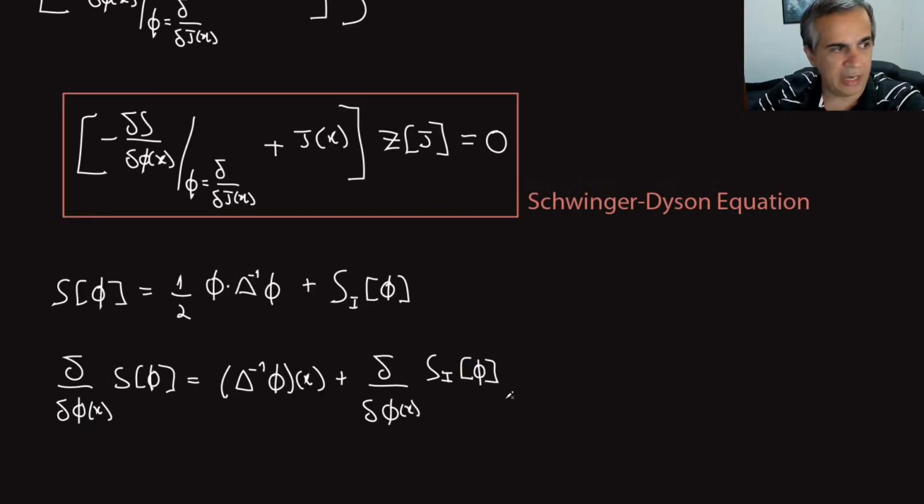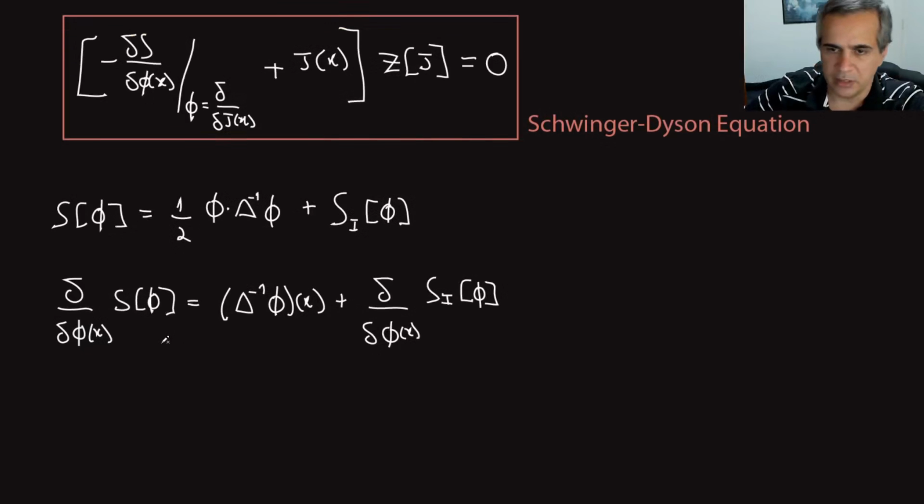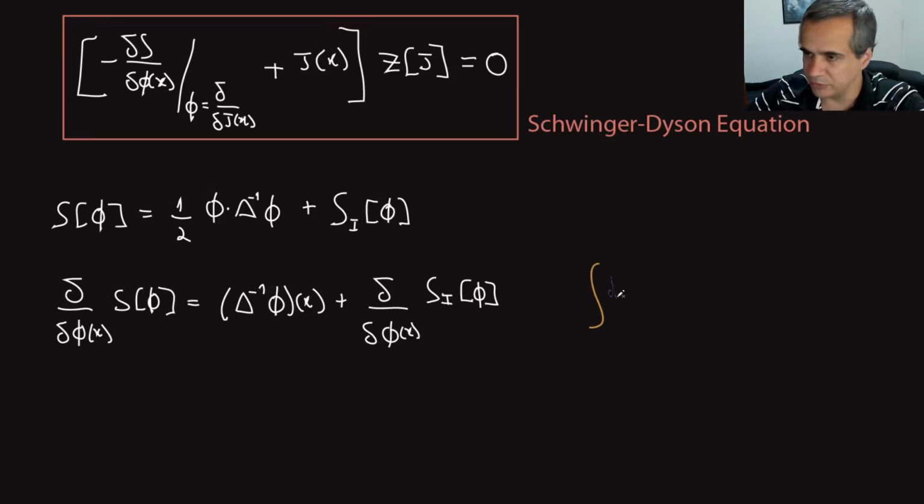Now, if I apply delta, the inverse of this operator, to both sides of this equation, and then I integrate, I basically just apply this to both sides of this equation: the integral over x of delta of y minus x.